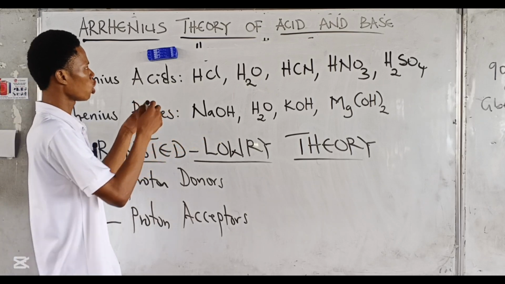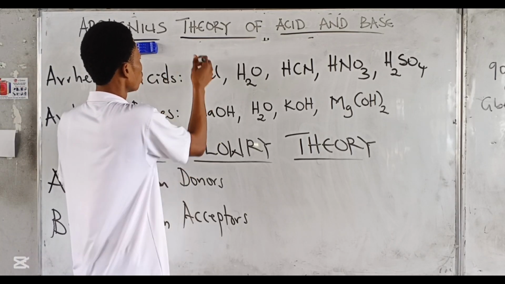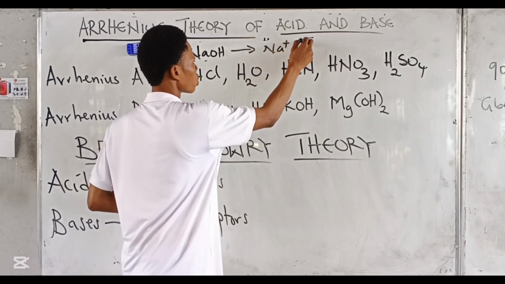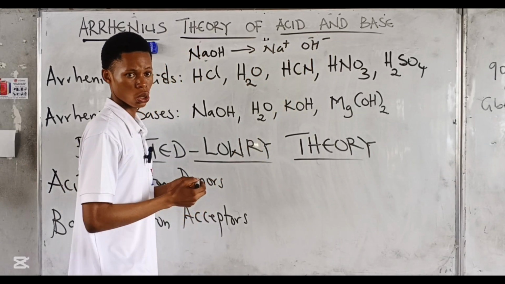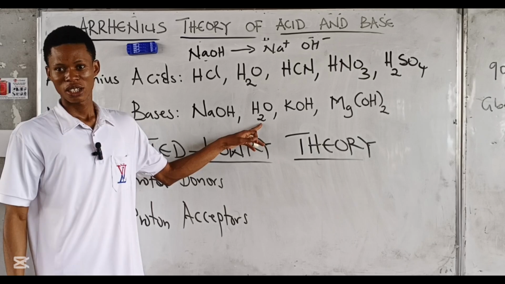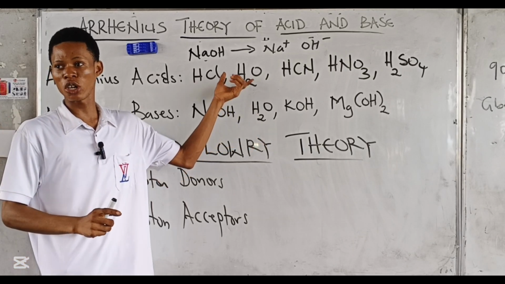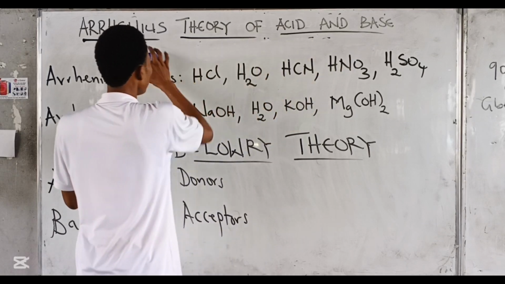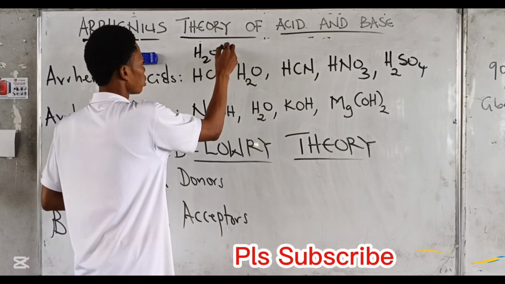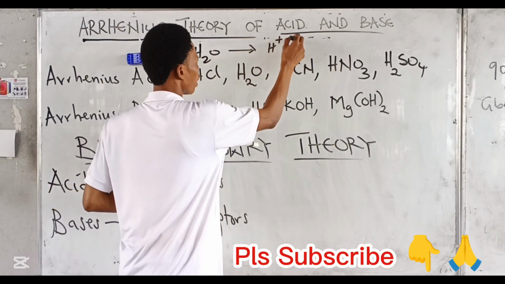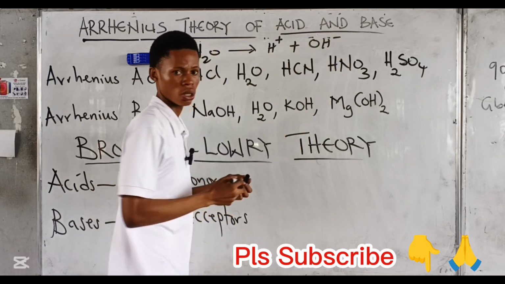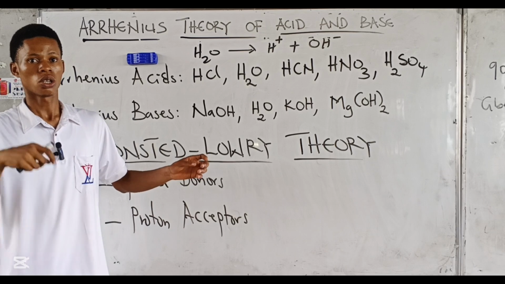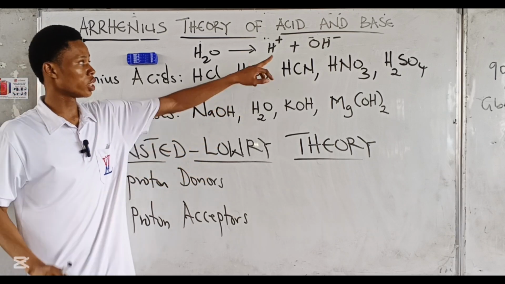Good. Aqueous substance. Now, base, Arrhenius base produces hydroxide ion, right? Sodium hydroxide, if you dissolve it, you see it will ionize to what? Sodium ion and hydroxide ion, is it not? Also water. As you can see, water is both Arrhenius acid and Arrhenius base, right? Why? If I ionize this, I'll be having hydrogen ion and hydroxide ion. And remember, Arrhenius acid is any substance that when dissolved in water or in solution, will give out hydrogen ion, right?